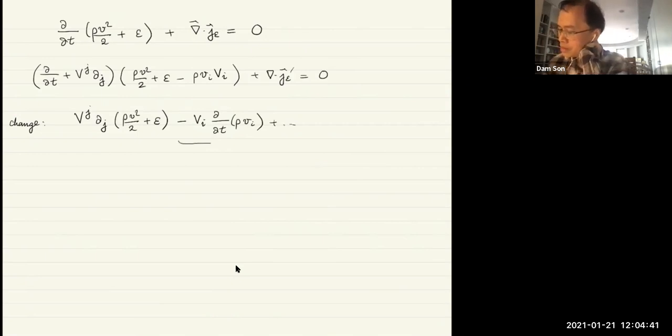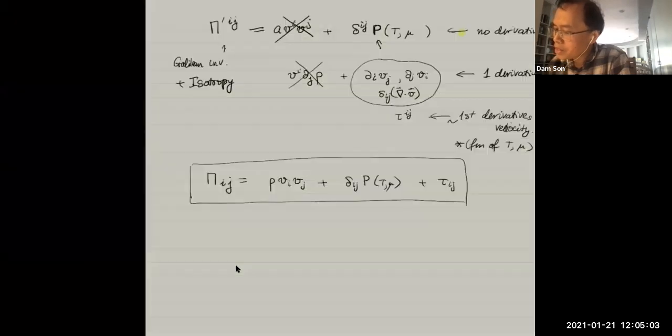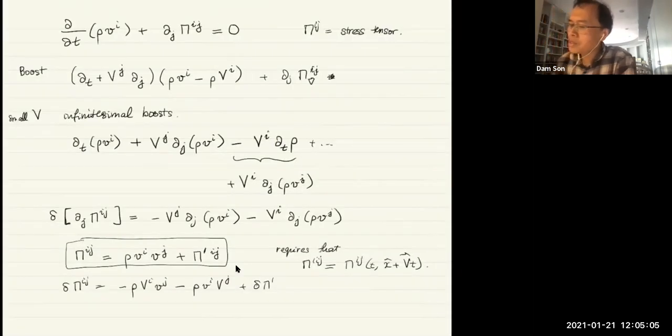But that I can use the conservation of momentum to rewrite as plus Vi dj pi ij. I think I've been consistent with the way the indices are located.